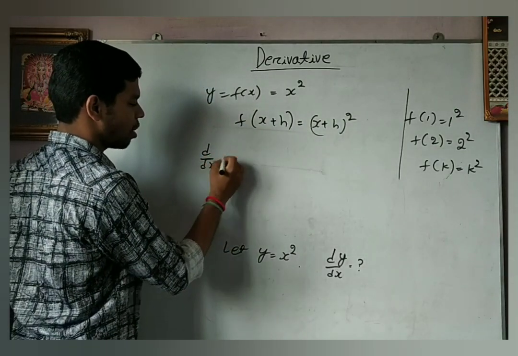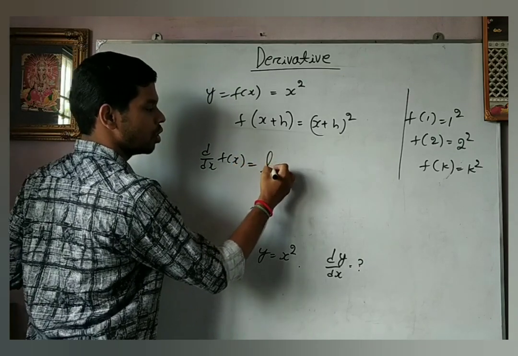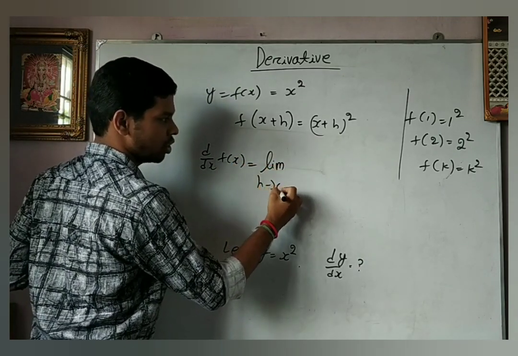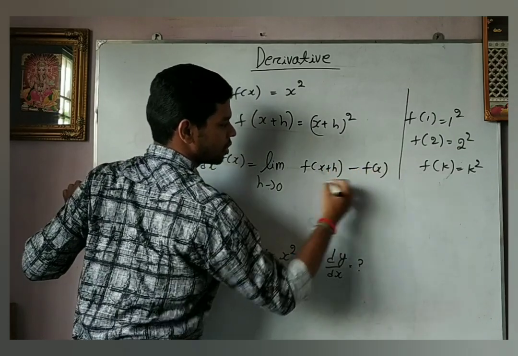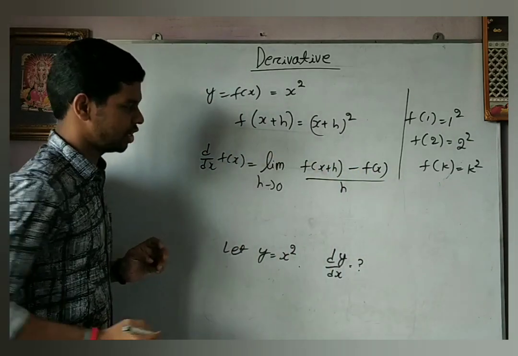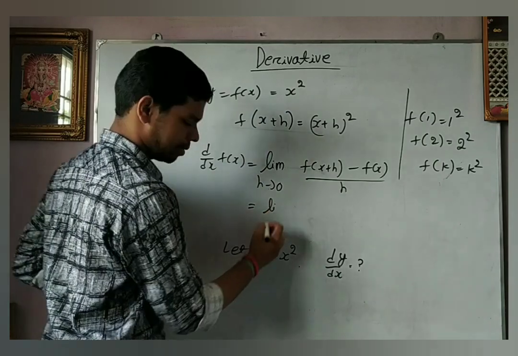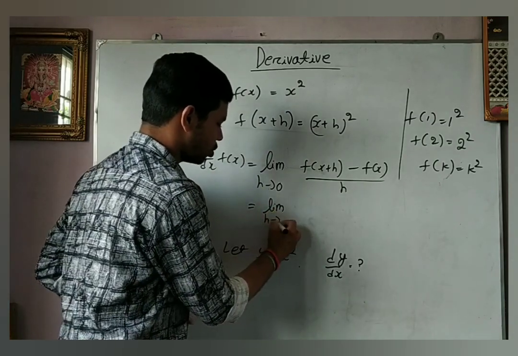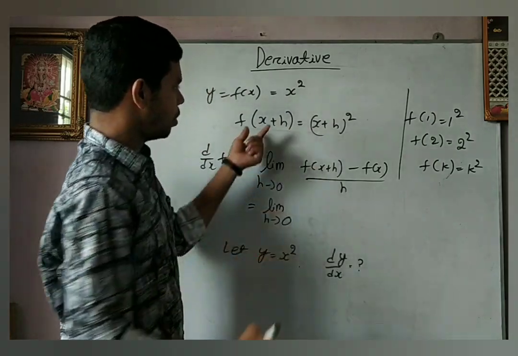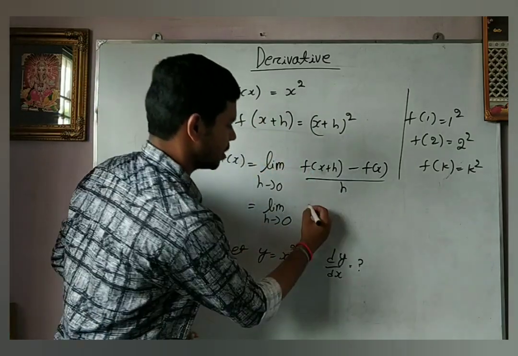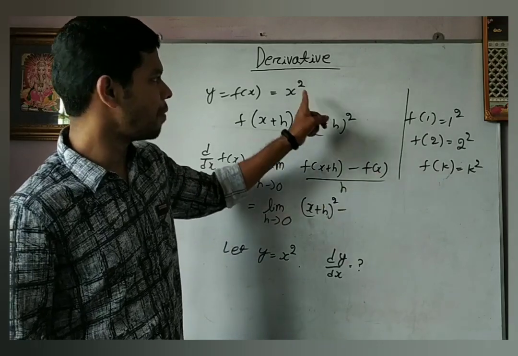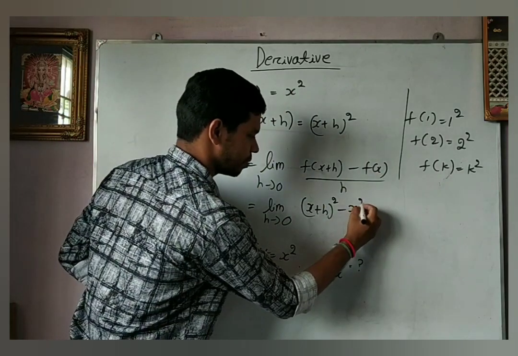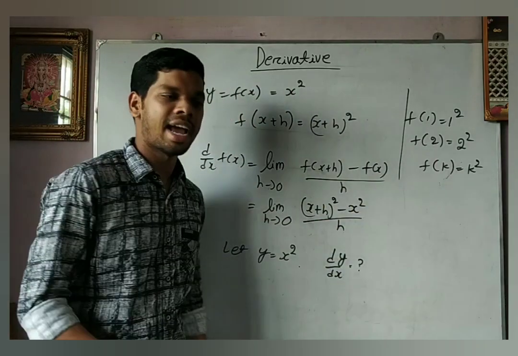Now put here. d by dx of f of x equal to limit h tends to 0, f of x plus h minus f of x, whole divided by h. What is the value of f of x plus h? x plus h whole square minus f of x equal to x square, whole divided by h.